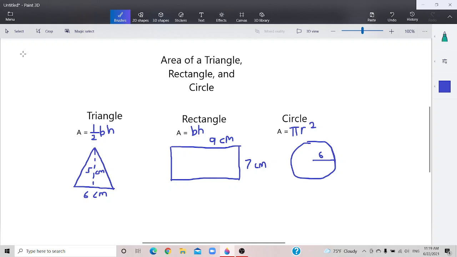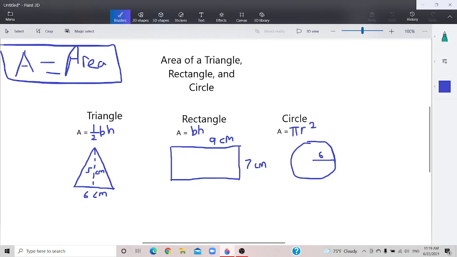So let's just have a key up here. A is area. That's going to be the biggest one. B will be base.